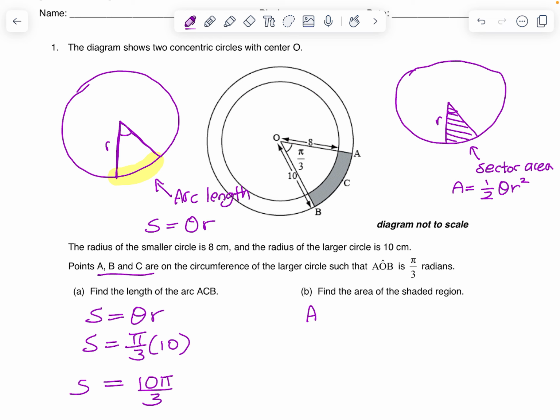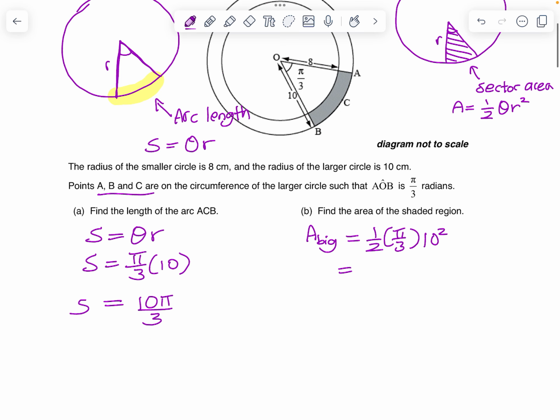So let me just call it A big, that means it's the outer circle. So right now we're only focusing on the outer circle and solving the sector area of this part here. So we look back at our formula, 1 over 2 theta, which is again pi over 3, times r squared, which is radius squared. So again, we're focusing on the bigger one, so it's 10 squared.